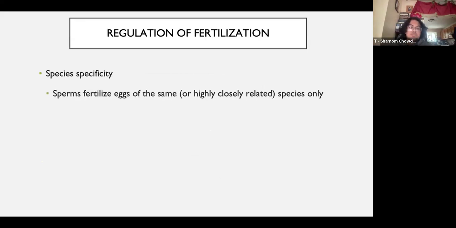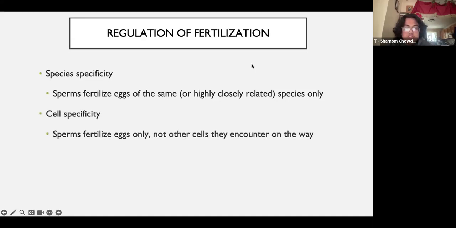So this is why I said species specificity. Sperm can only fertilize eggs of the same or really closely related species. Once again, we say really closely related because theoretically ligers can occur, even if it's not natural. There's cell specificity. Sperm fertilize eggs, not other cells they encounter on the way.